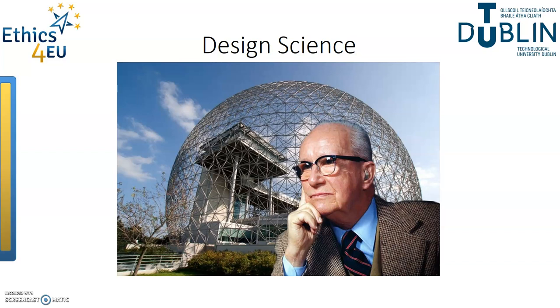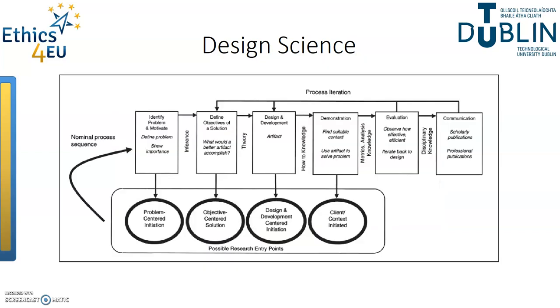The approach we decided to use in terms of undertaking this project, and this aspect of the project in particular, was to use design science, which, as you can see, was created by a very famous American inventor, Buckminster Fuller. That's a geodesic dome that he created behind him. So he probably at least pioneered the term design science. So to take design as a serious process that we can identify processes within, and design isn't just about creativity, it's about following stages.